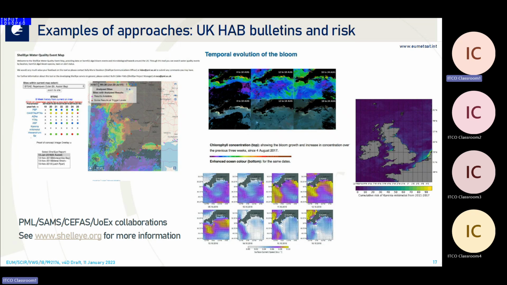And also PML in the UK has a HAB bulletin with prediction of blooms on the coast, and they also study the currents. This information is really very valuable, especially for the insurance companies to know the risk of something happening.